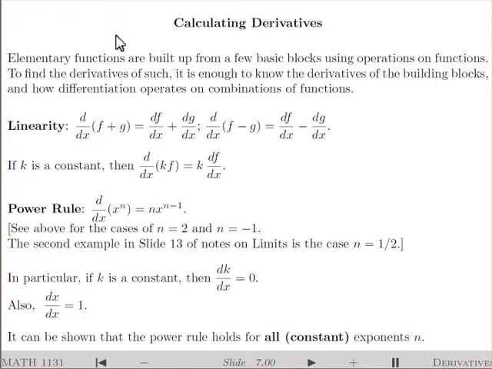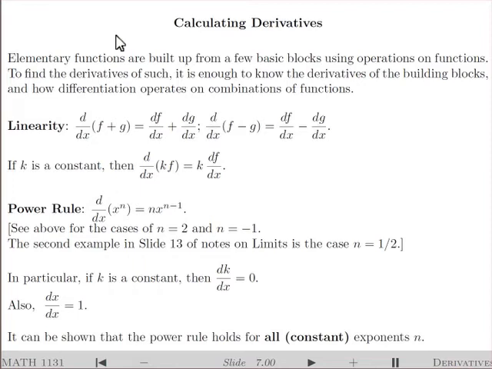So if I know how to differentiate basic building blocks, and I know how to differentiate combinations of functions in terms of derivatives of the building blocks, then I can differentiate any elementary function. Of course, what I'm really doing in that case is taking an expression that defines my function and producing an expression that will give me the derivative. But as we usually don't distinguish between functions and the expressions that define them, we won't distinguish between the two different processes either.